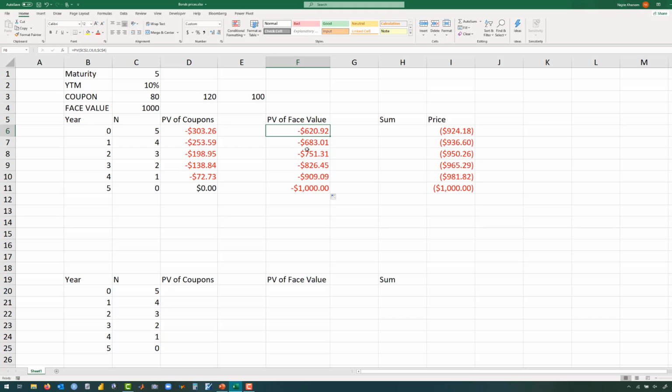We can see over time it's going up, which makes sense because from right now in year 0, you'll have to wait 5 years in order to receive the $1,000. Whereas in year 1, the maturity of the bond becomes 4 years, so you'll only have to wait 4 years to receive the same 1,000, so it's worth a little bit more.